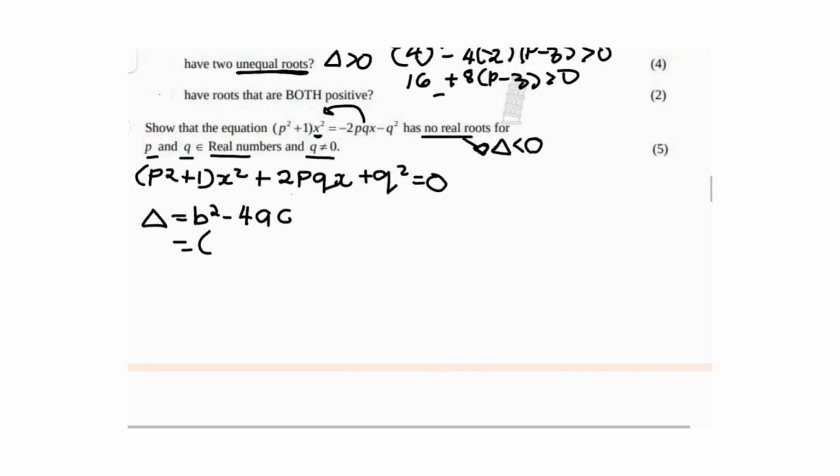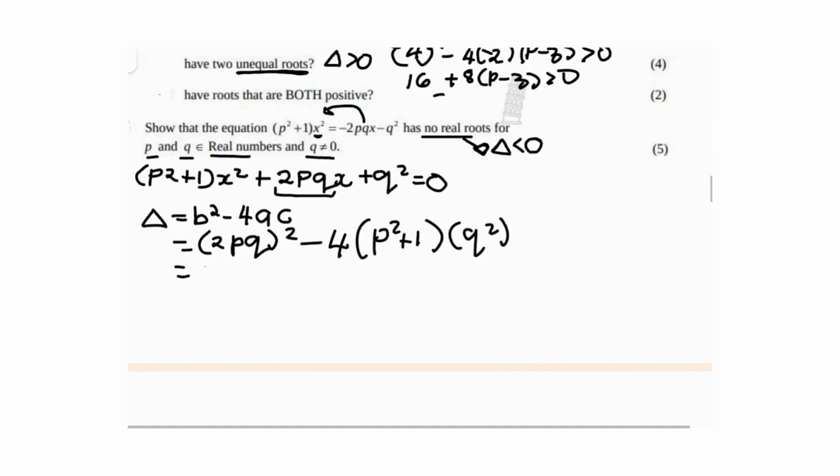Our b, the coefficient of x, is 2pq, so you have (2pq) to the exponent 2 minus 4. Our a is p squared plus 1, and our c is just q squared.